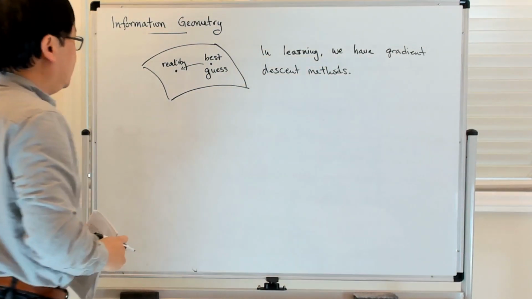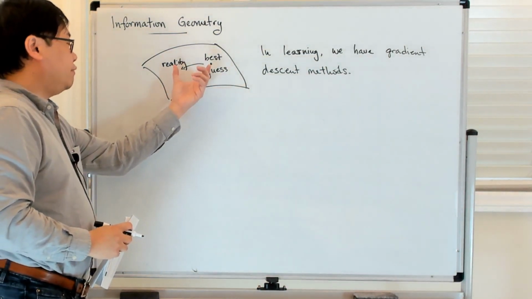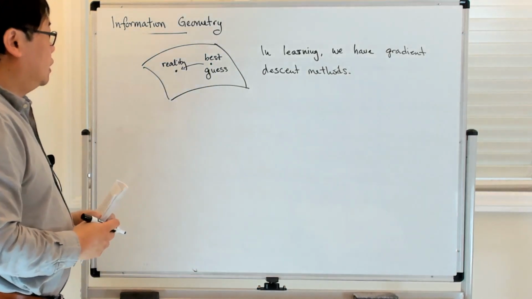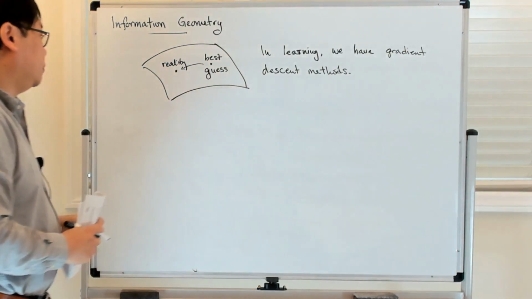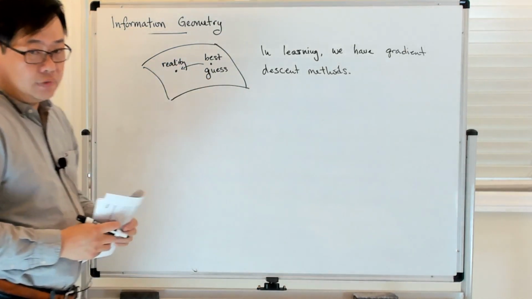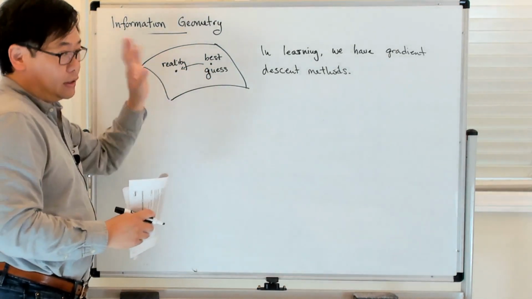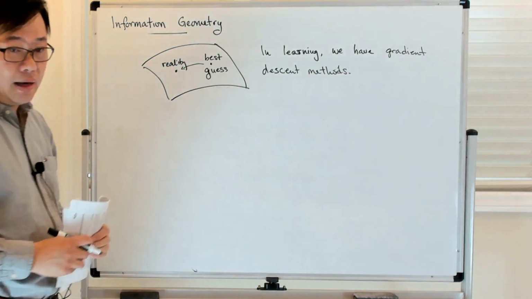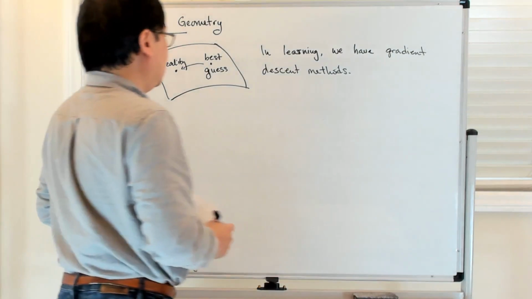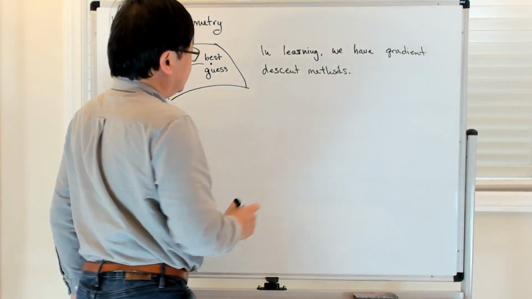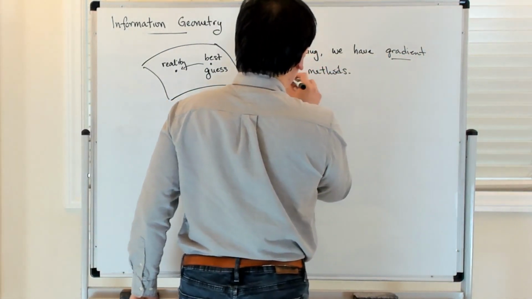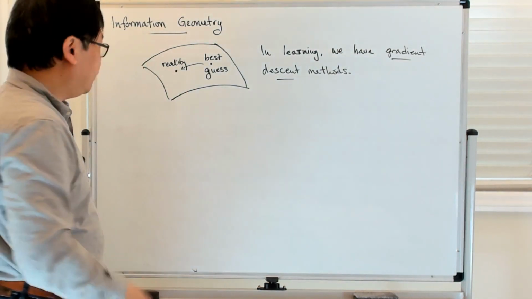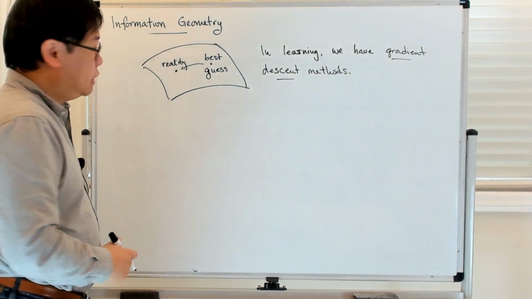For example, if you have a loss function, you might want to do gradient descent along the loss function in order to converge to your best guess. I mean, to converge as close as possible to reality, given the data which you have. So in the context of gradient descent methods, we know how to do that, obviously on flat, linear spaces.